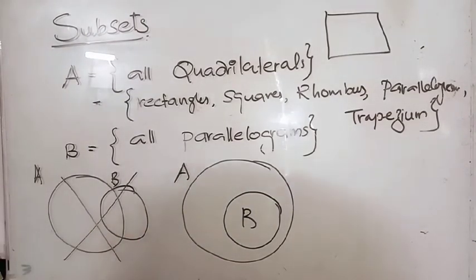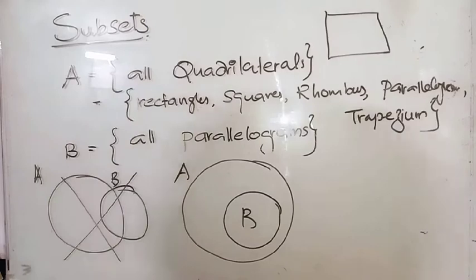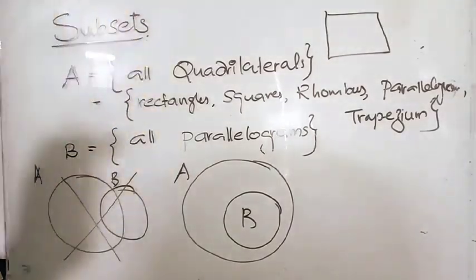For example, in our school, the Rajas International School, grade 9B or grade 10B is a part of Rajas International School, isn't it? So that part, grade 9B or 10B, is considered a subset of Rajas International School.